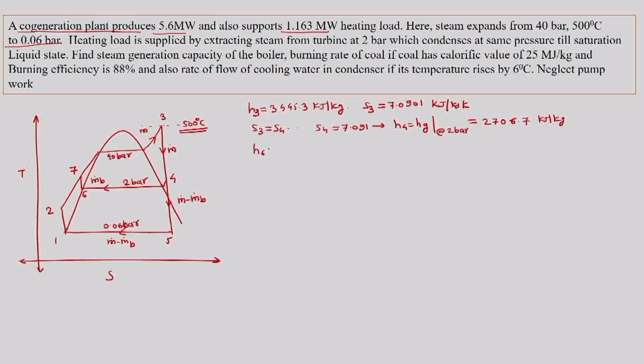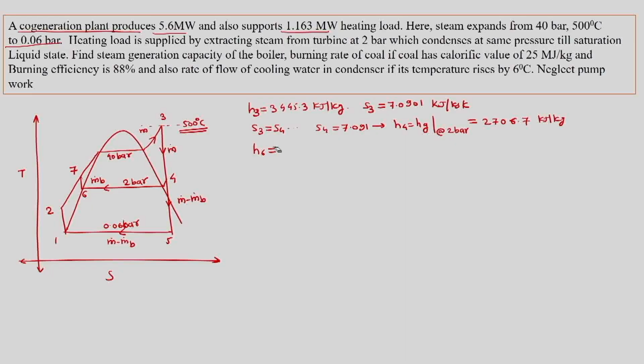Knowing this, we can go ahead and find the heat given. For that we should know H6, and H6 is the saturated liquid enthalpy corresponding to 2 bar. We can go ahead and find the mass flow rate of the bleed steam, since we know that H4 minus H6 is given as a heat load. So it is completely HFG, which we should know at 2 bar, and that is m dot b, the mass of bled steam, into HFG.